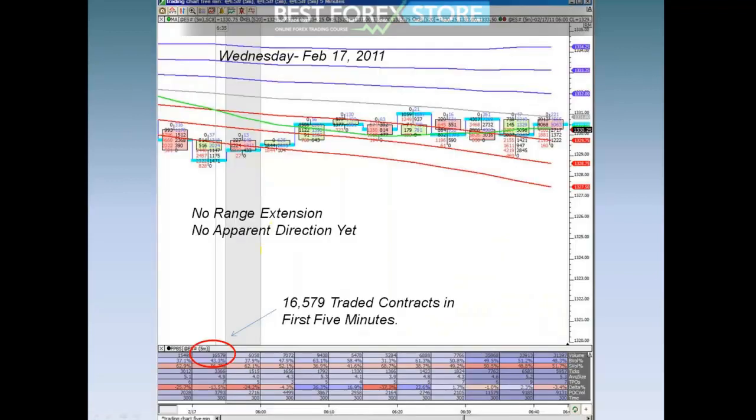Now, let's take another look at an example here. First of all, when you see low volume like this, it should clearly indicate to you that there is no apparent direction in the market yet. At minimum, you should be able to identify right away whether the other time frame trader is participating in the market or not.